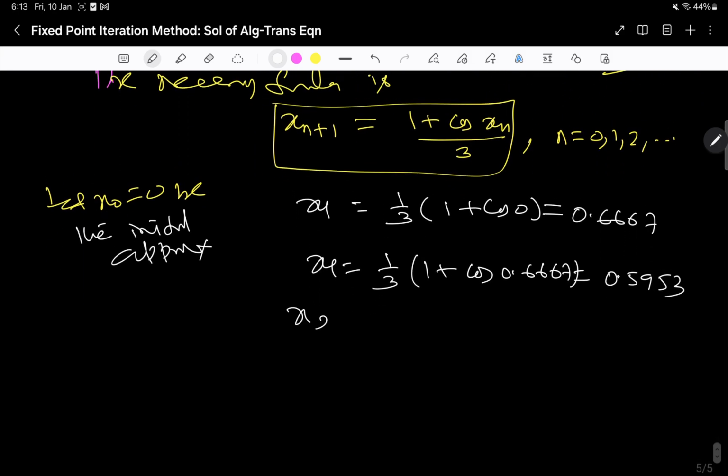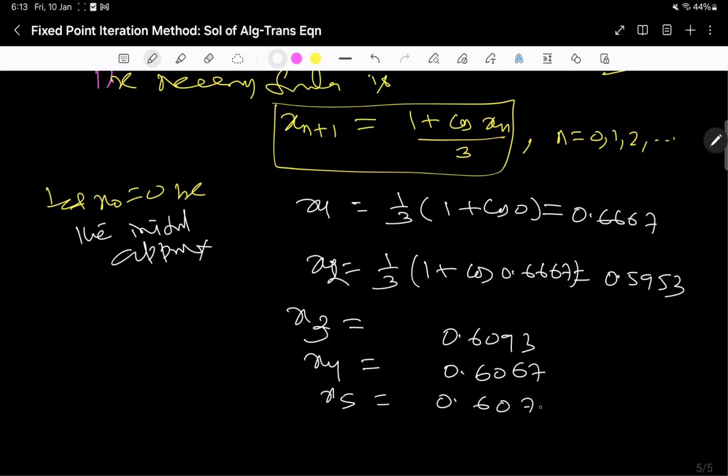Likewise, if I continue, x3 will be 0.6093, x4 will be 0.6067, x5 will be 0.6072, and x6 will be 0.6071.